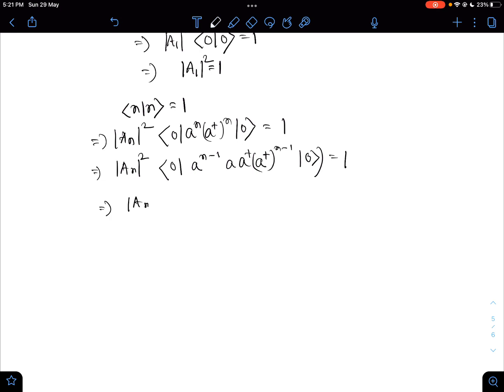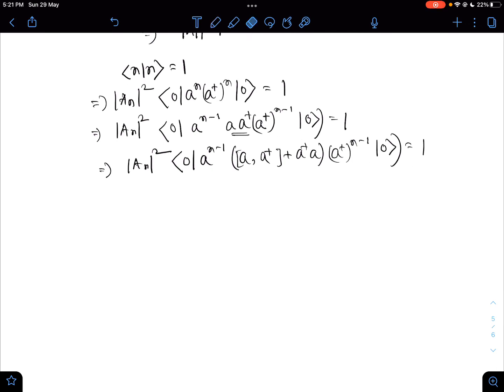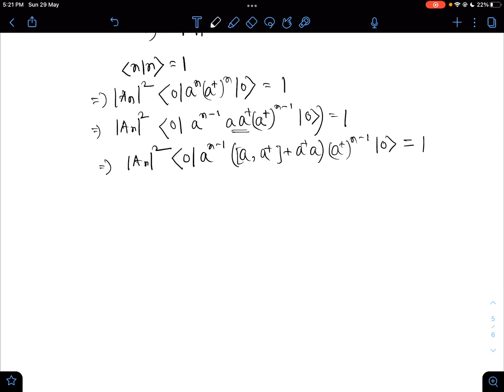Now we can write A A dagger as the commutator plus A dagger A, and we already have (A dagger)^(n-1), which will act on |0>.